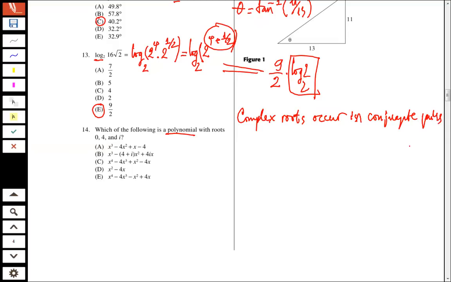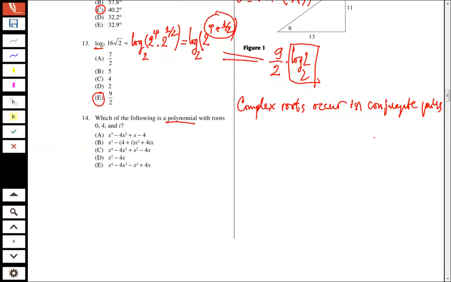What does this mean? This means that if the imaginary unit i is a root, therefore minus i is also a root.